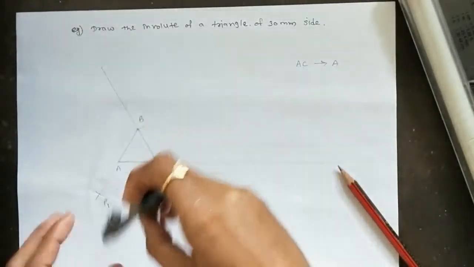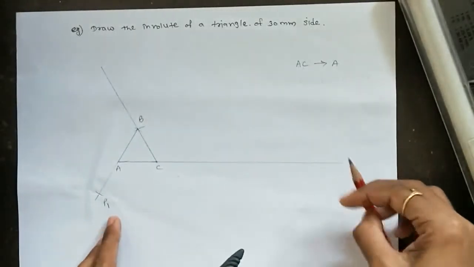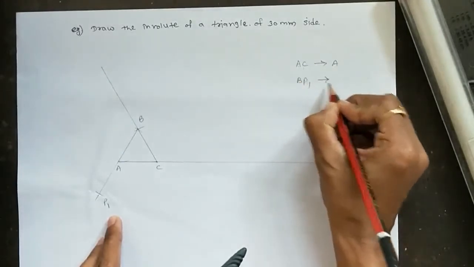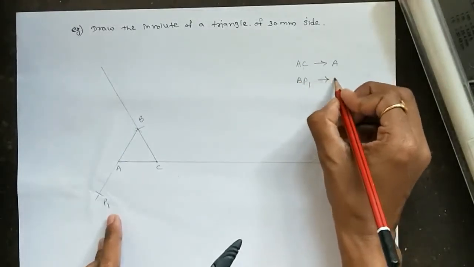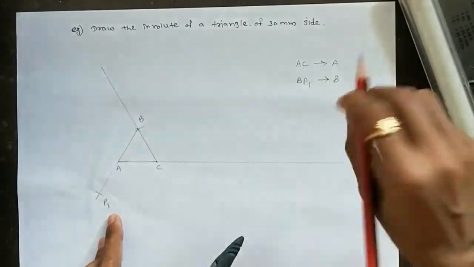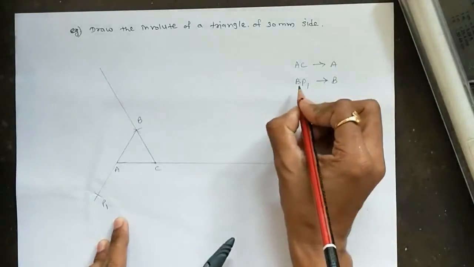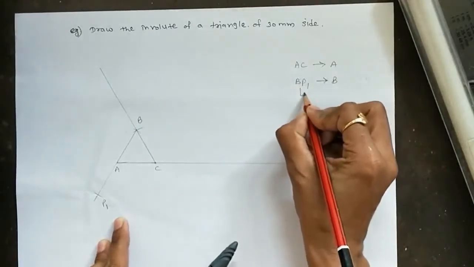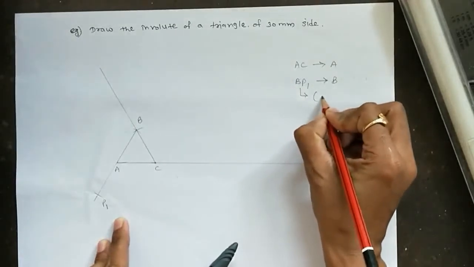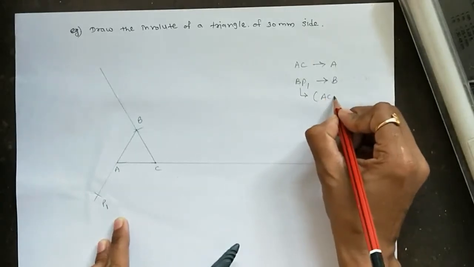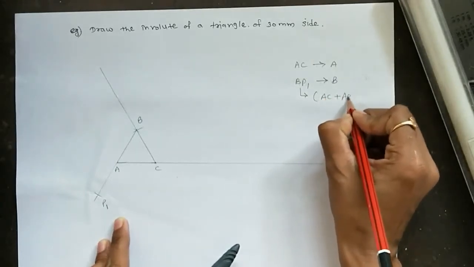Then take a distance BP1 in compass and B as center point. So BP1 is nothing but addition of two sides, that is AC plus AB.